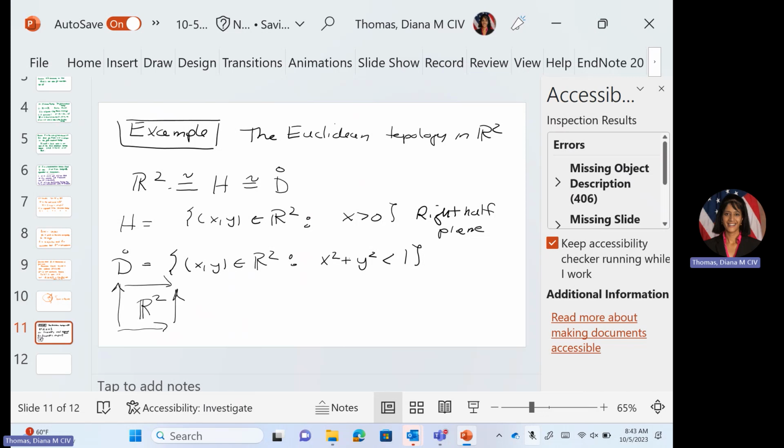Okay, that's my version of R2. It's the plane spread out. That's topologically equivalent to the half plane. And that's topologically equivalent to the disk.